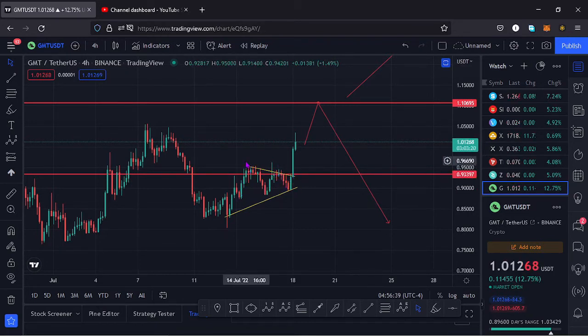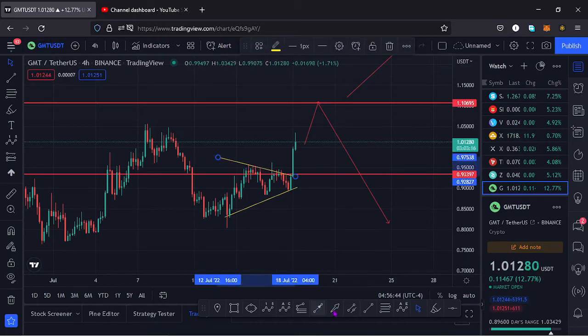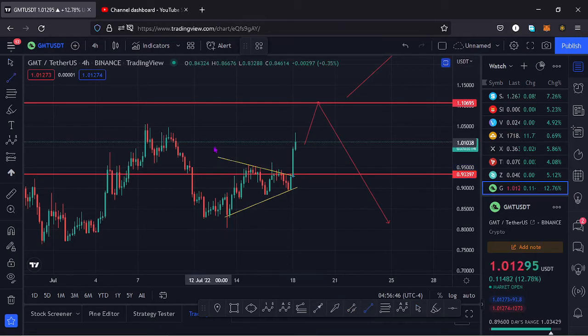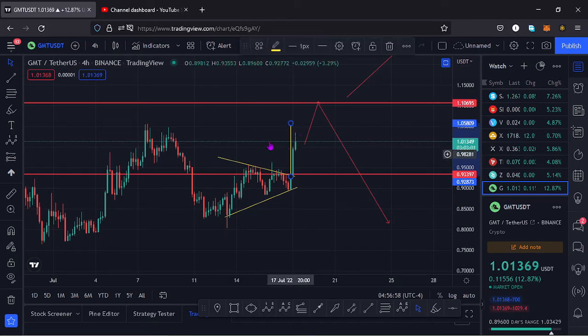To get a target for that breakout to the upper side, we need to get the height of that wedge, of that triangle. Once you get the height, place the height at the area where we had that breakout to the upper side, and that gives you a target at around the $1.06 mark.